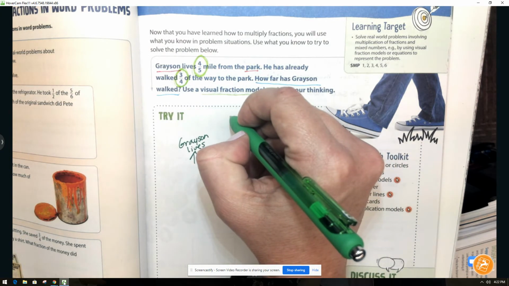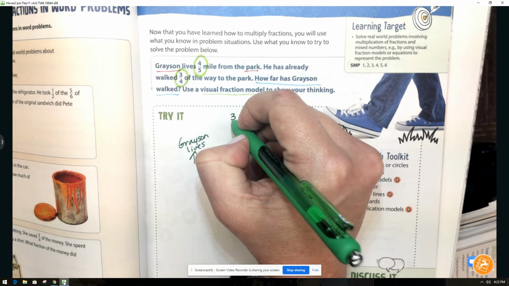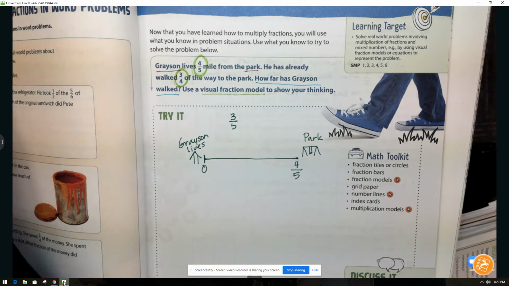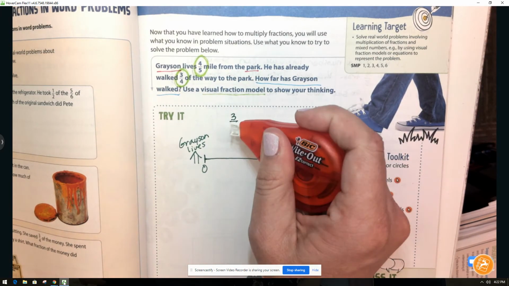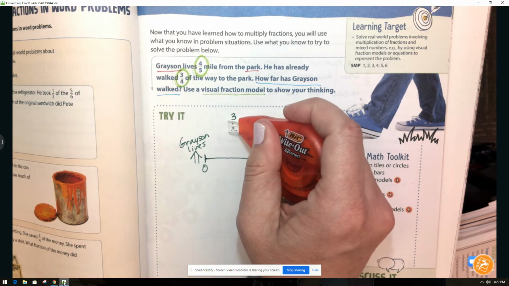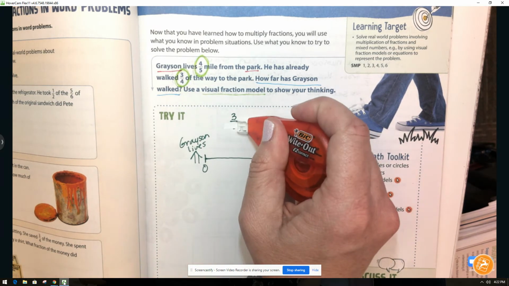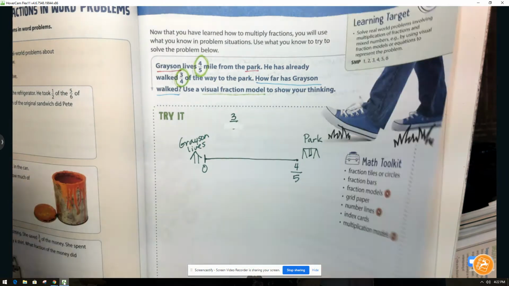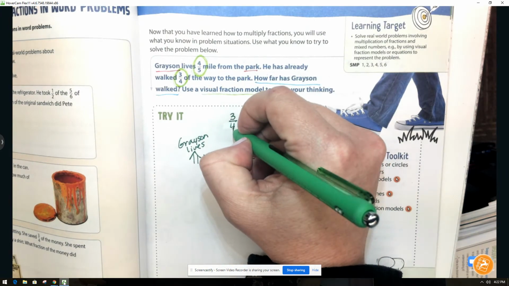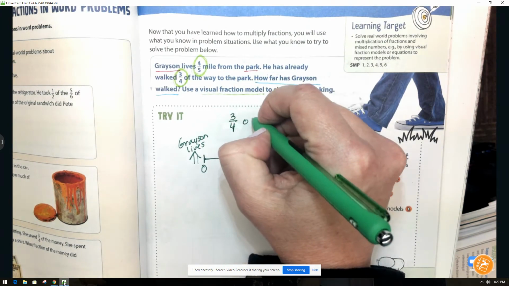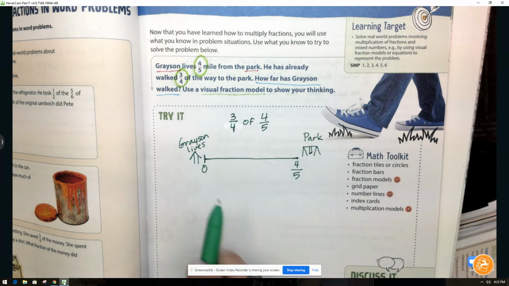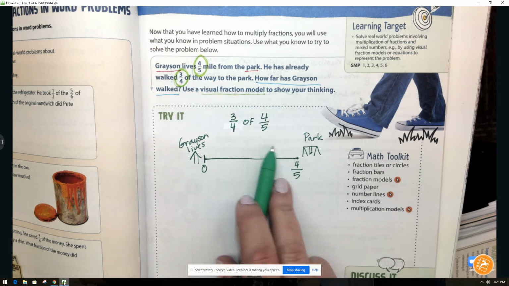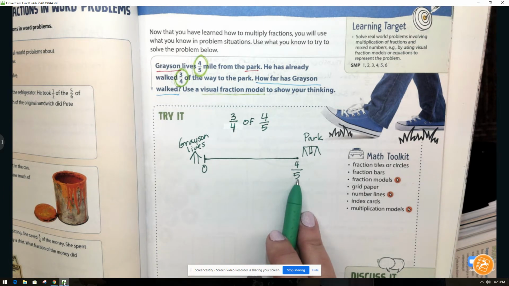So the expression we're trying to solve is, what is 3/4 of 4/5? In other words, what is 3/4 of this 4/5?